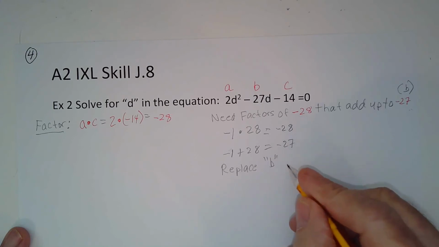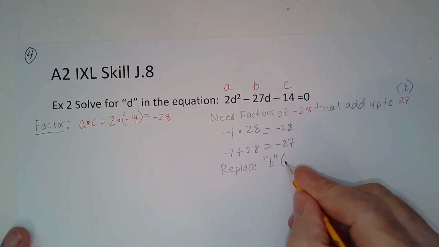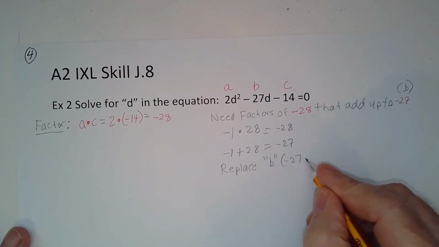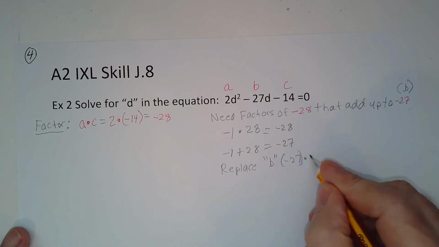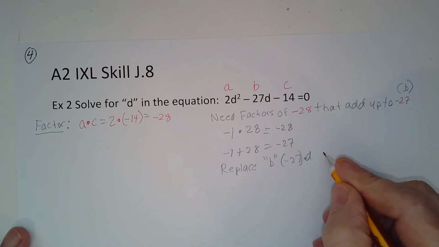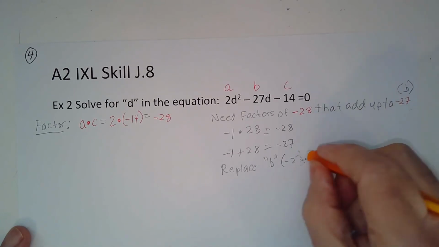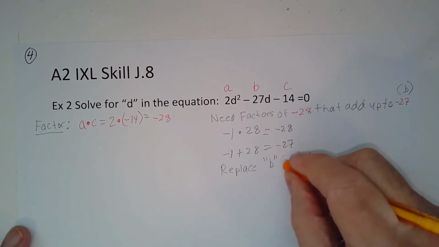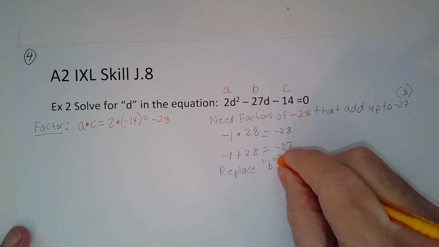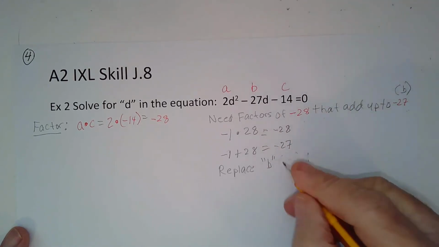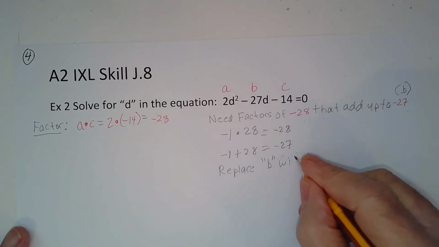So we're going to replace the b, which is the negative 27, times the d. Let's just do it this way.